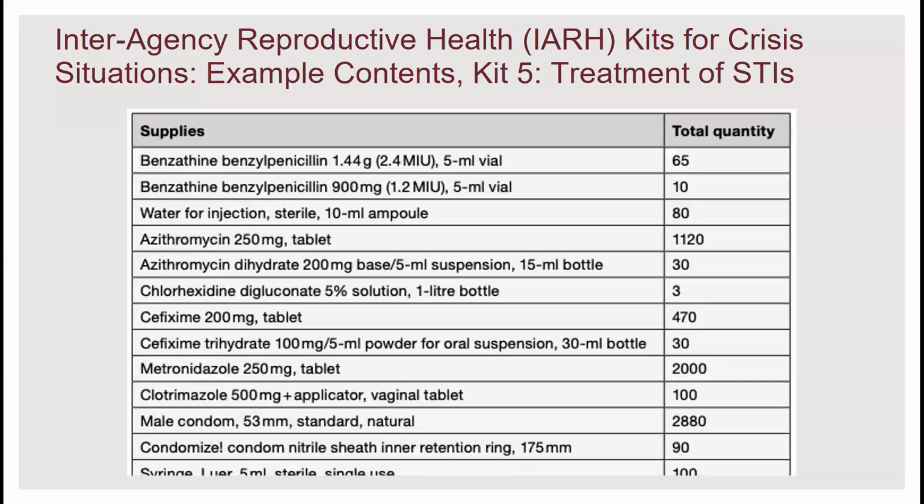Each kit would then have a set quantity of each product that is included in that kit. The STI treatment core kit, for example, has 27 items, and here is a partial list of those kit products and quantities. In a moment, we'll look more closely at how they arrived at these quantities per kit.